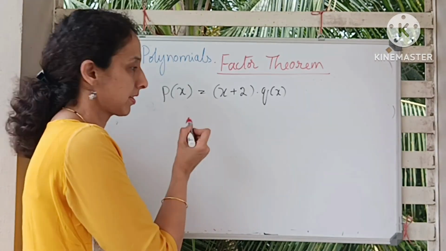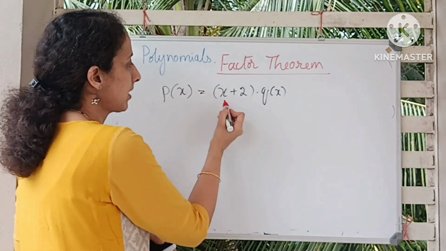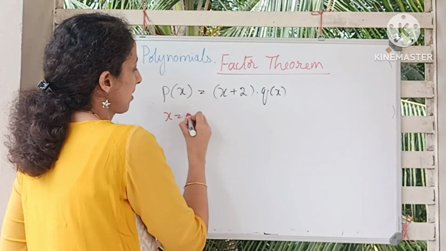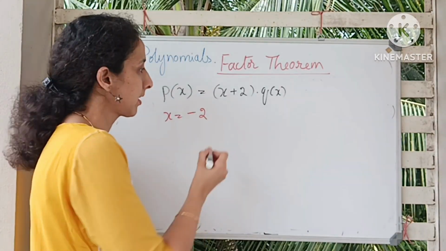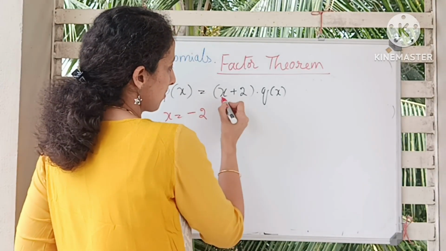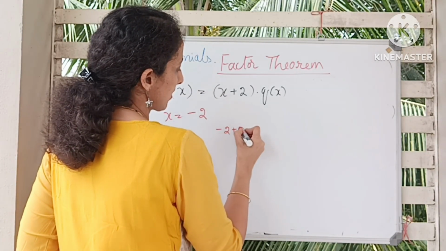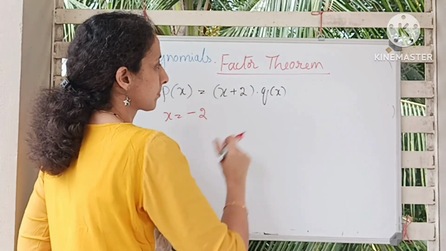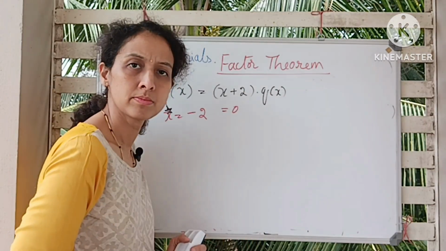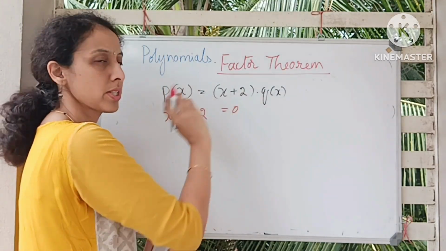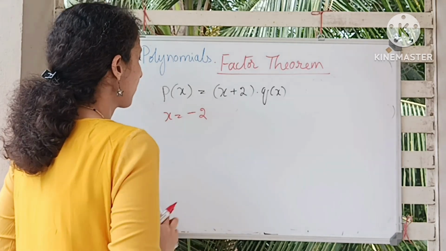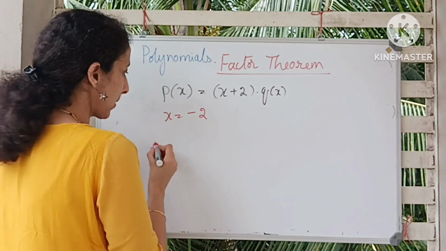Now after getting this, let us say we will make x is equal to minus 2. Then this will become minus 2 plus 2 and this whole thing will become 0. If x is equal to minus 2, this thing will become 0. What will happen to p of x if we write x is equal to minus 2?